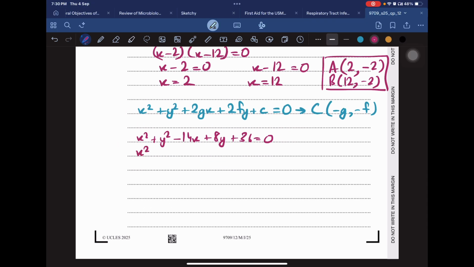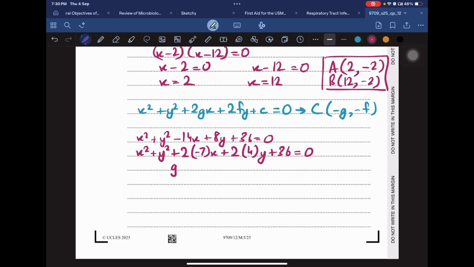So x squared plus y squared is perfect. To convert this, I'll have plus 2 times negative 7x. If you open this up, this would become negative 14x as given over here. Then for 8y, I can write that as 2 times 4y plus 36 equals to 0.